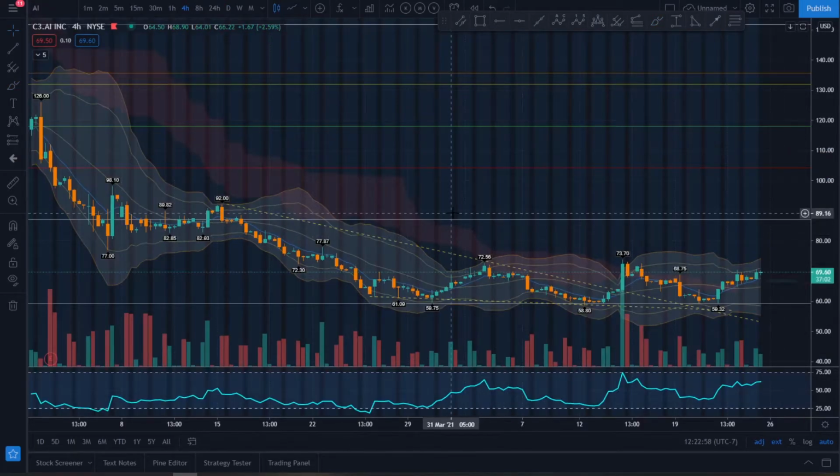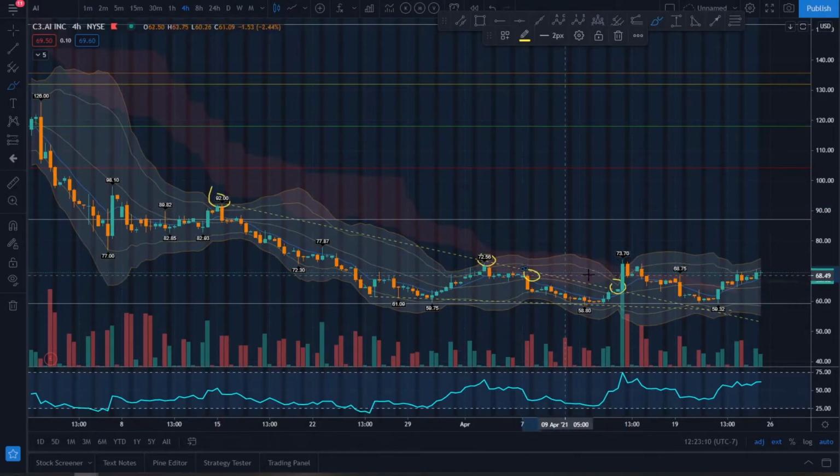The next chart I have here is AI, and this is a 4-hour falling wedge. So this is 1, 2, and I would consider this 3 and 4. And I started pointing out these points here on the falling wedge. So on AI here, it took a long time for this falling wedge to develop because it is in a downtrend for such a long time.